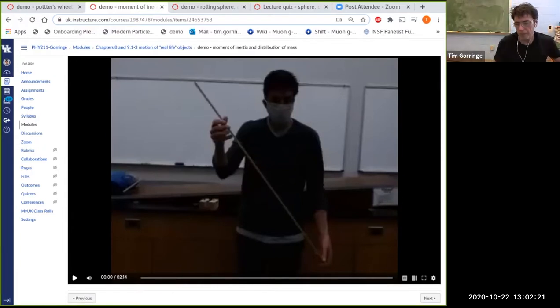So here I am in the large lecture room, and I've got a meter stick, and I've actually got two blocks. And I'm going to demonstrate how easy or hard it is to swing the meter stick with the blocks affixed to the meter stick, where the blocks are fixed at different locations.